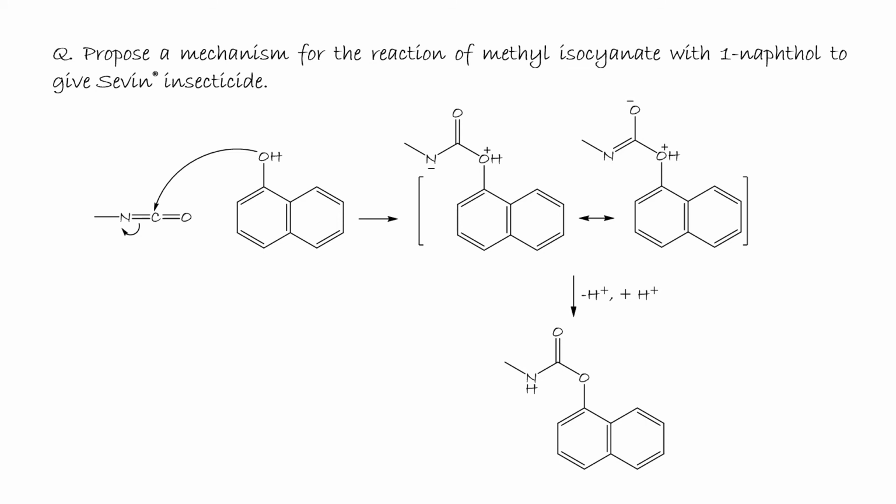Propose a mechanism for the reaction of methyl isocyanate with 1-naphthol to give Sevin insecticide. Well, the phenol has a lone pair on oxygen that will attack this carbon, breaking the carbon double bond to O, forming this resonance structure.